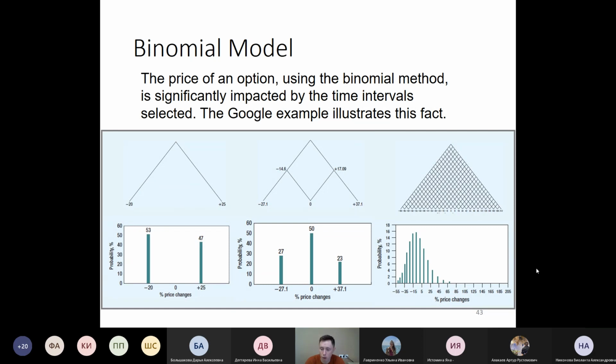Depending on the number of the periods that we would split our exercise on, we would have different outcomes. So if we have just a single period of the whole of 6 months, then we would have these two types of prices that can happen.